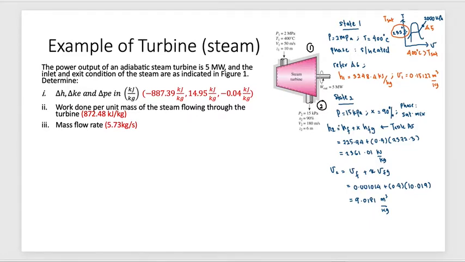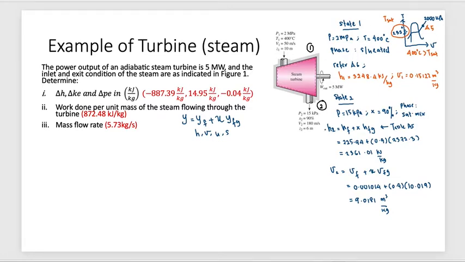If you still remember in chapter 2, we use the formula y equals yf plus x yfg, and y can be h, specific volume, internal energy, and entropy. That is why I call this formula a special formula.